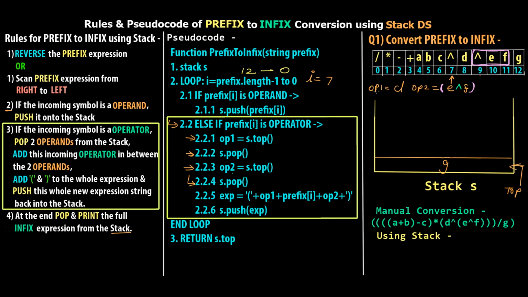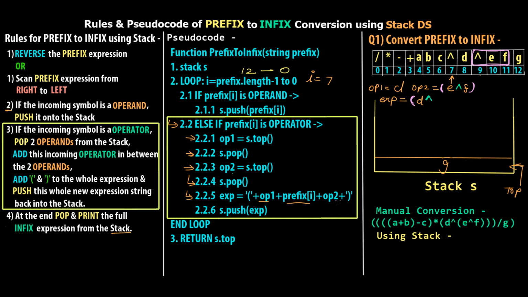Now we take these two operands. At 2.2.5 we create a new expression. We say exp is equal to op1. op1 is D, but before op1 we have an opening bracket. So let's use another color. Opening bracket. Then we have D. D is op1, you can see. After that we have prefix of I. What is prefix of I? It is a raised to sign. So let me write raised to over here.